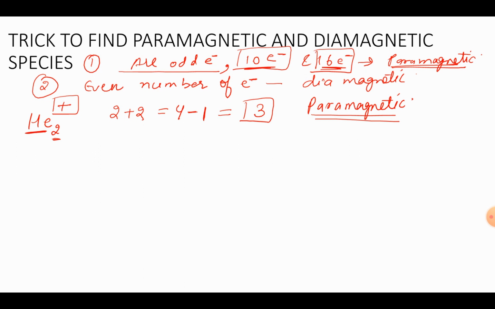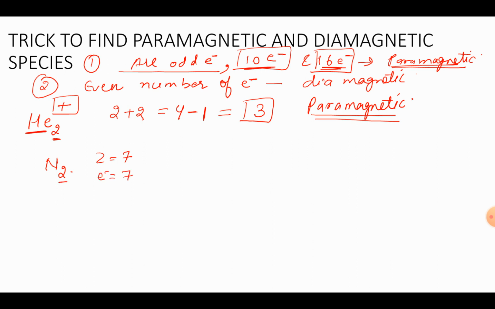Is that clear? Let us take one more example. Let it be N2. Nitrogen's atomic number is 7, the number of protons is 7 and the number of electrons is also 7.